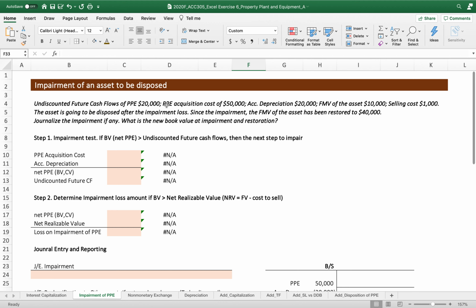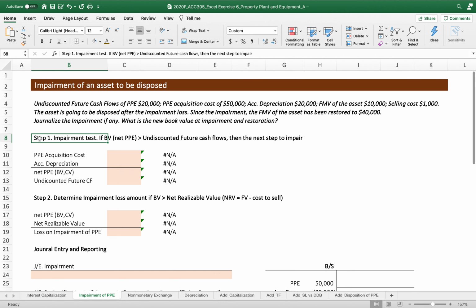The asset is going to be disposed after the impairment loss. And since the impairment, the fair market value of an asset has been restored to $40,000. We also have the restoration case after reclassified to the other asset.